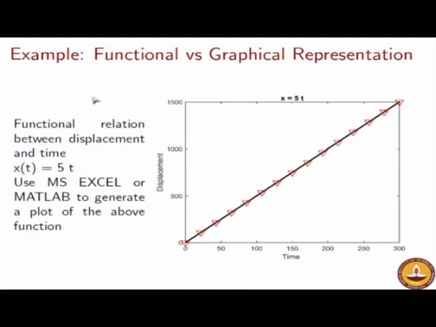You will get an array of numbers in column A, and adjacent to it an array of numbers in column B. Then, using the obvious syntax, you should be able to generate a plot between the A values and the B values, and that plot should look something like this.